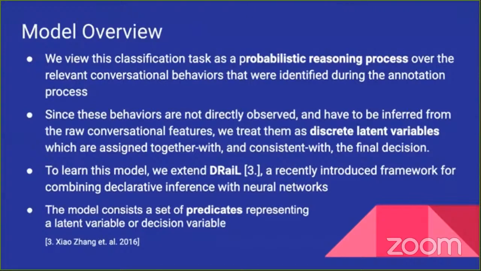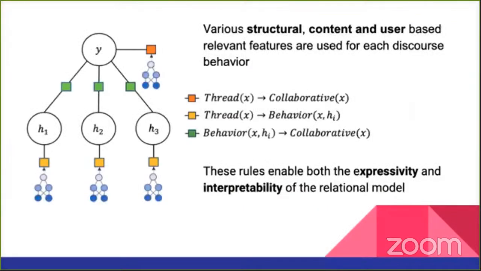The model consists of a set of predicates representing a latent or a decision variable. Here on the left side, you see a factor graph showing H1, H2, H3 as latent binary variables jointly connected with the Y outcome variable describing a conversation as collaborative or not. On the right side, you see all the rules describing the discourse behaviors as well as the mapping of discourse behaviors to the outcome variable.